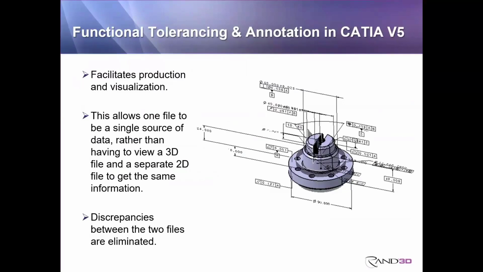So this allows one file to be a single source of data rather than having the 2 different files. And really it's about simplification, being able to find all the data inside of one location and eliminating any discrepancies between the 2.